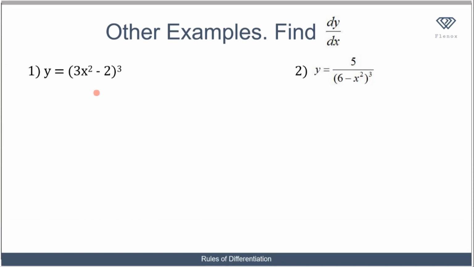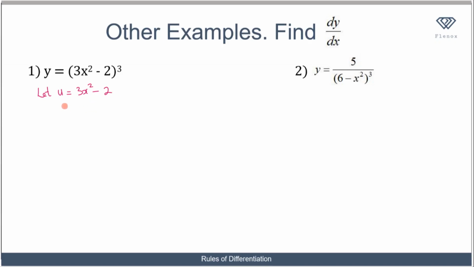In this first example, we are told to find dy/dx in these functions, and to do that we are told that y equals (3x squared minus 2) all raised to power 3. Again, like we did before, we make everything inside the bracket equal to u. So I'll say let u be equal to 3x squared minus 2.